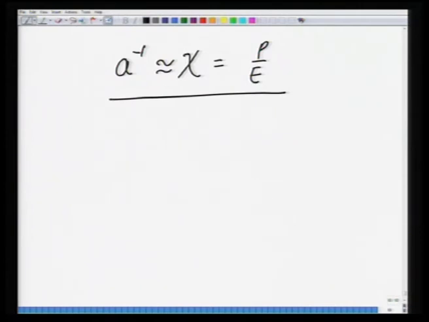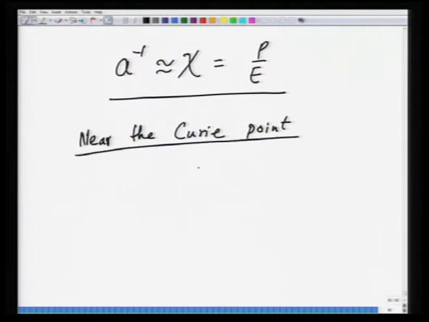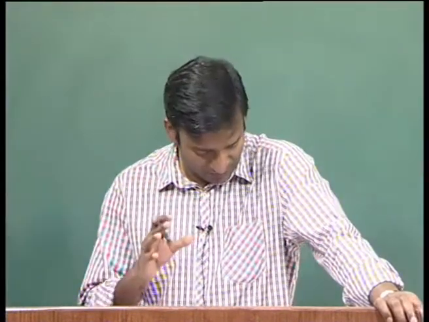So now according to this Landau-Devonshire theory, as it is called, near the Curie point, so far we have known the Curie point as Tc. Now here we will introduce another term T naught, because as we will see subsequently, depending upon the phase transition you may have two values, one is T naught and another is Tc.